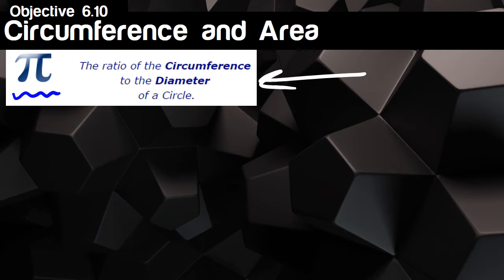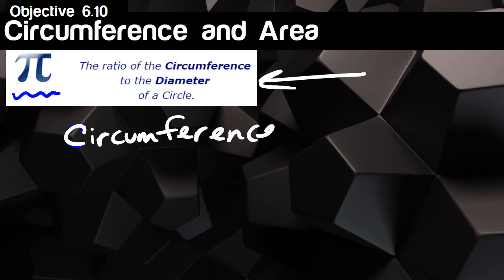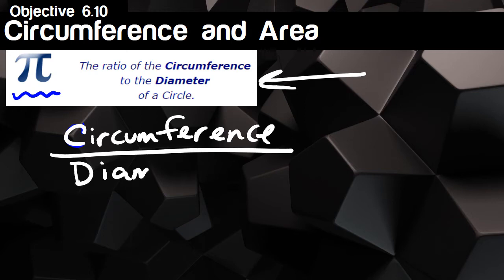In mathematics, we have a symbol that is called pi. This is actually the ratio of the circumference, the outside edge of the circle, over the diameter.